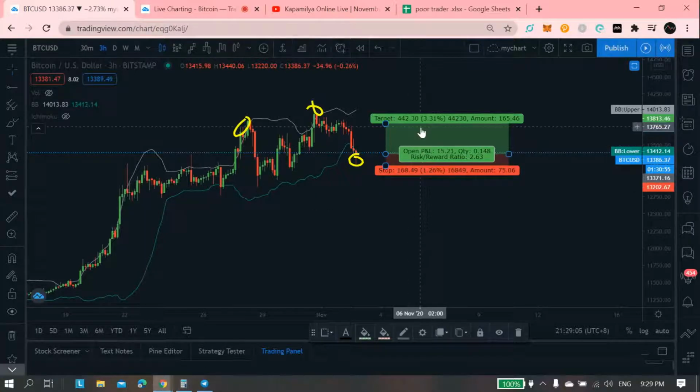So now, since it went below the Bollinger Band, that's a possible risk reward ratio of 2.63. So I could possibly go long and expect possibly a 3.31% profit at 1 times leverage. However, if I got stopped out, I could lose around 1.26%.